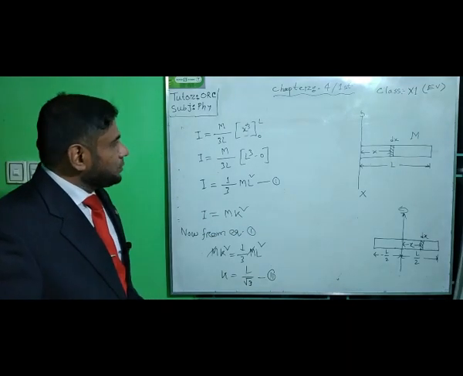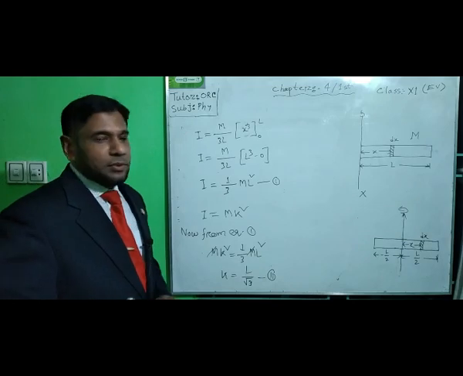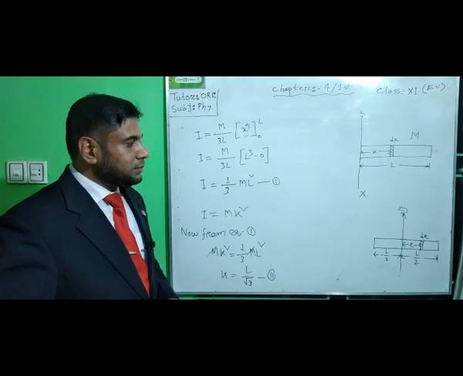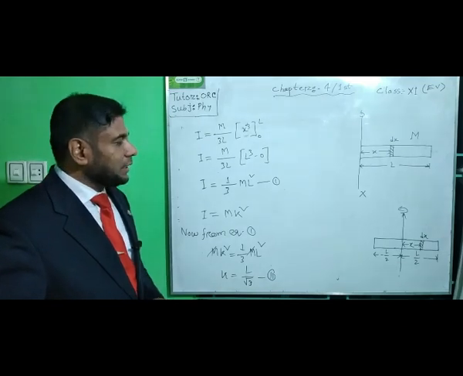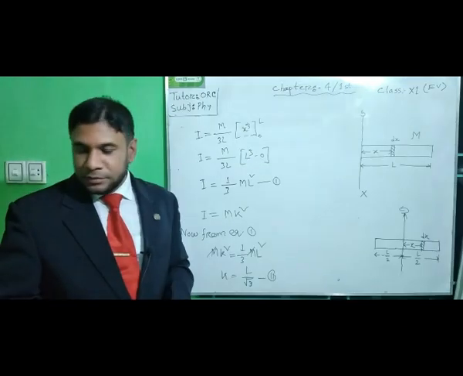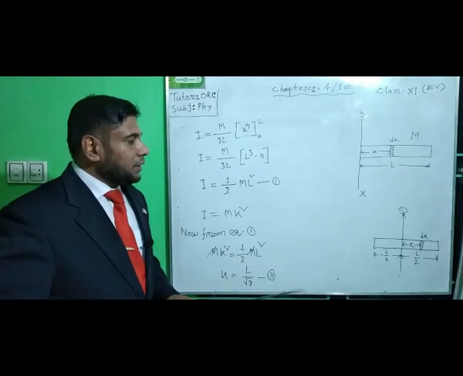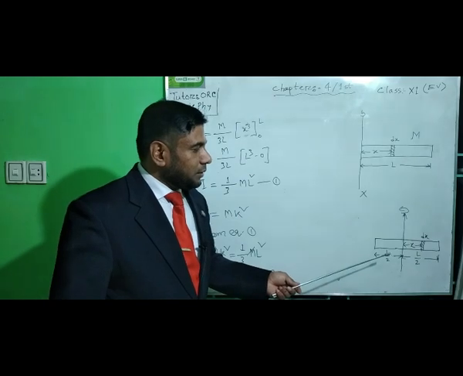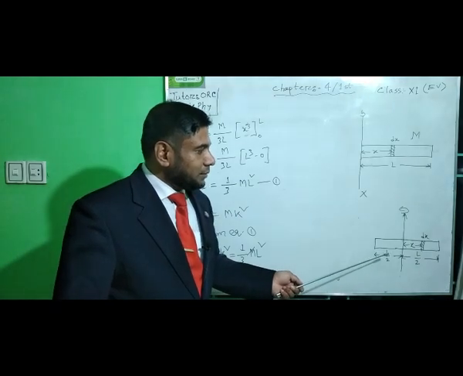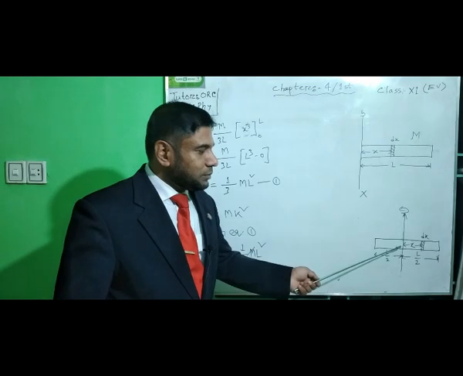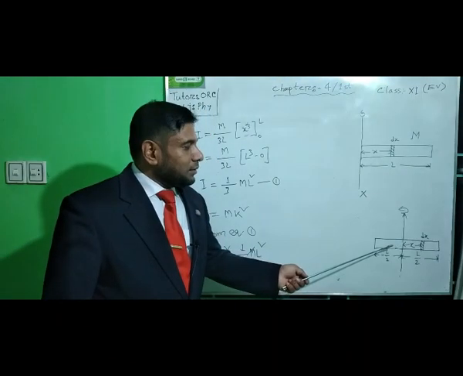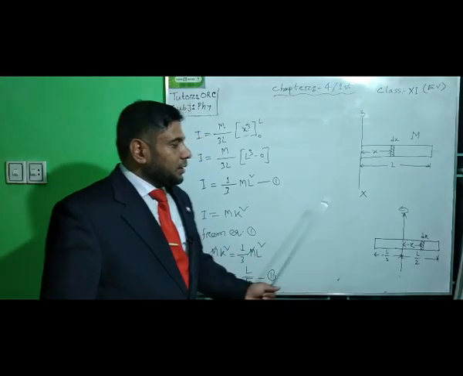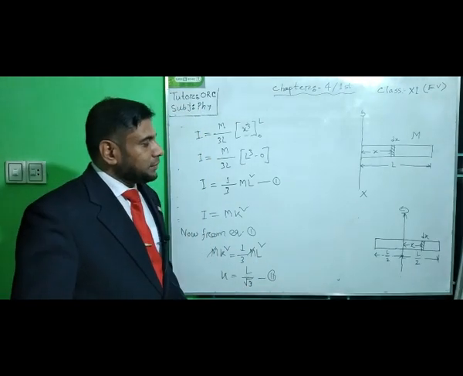So now the beginning information is the same. Again, when we find out the moment of inertia and radius of gyration of that uniform thin rod about an axis which passes through the middle of the iron rod and perpendicular to the length, the beginning equation will be the same.